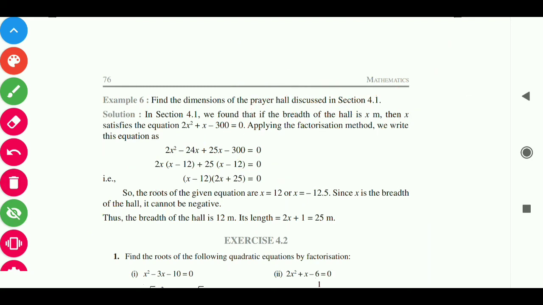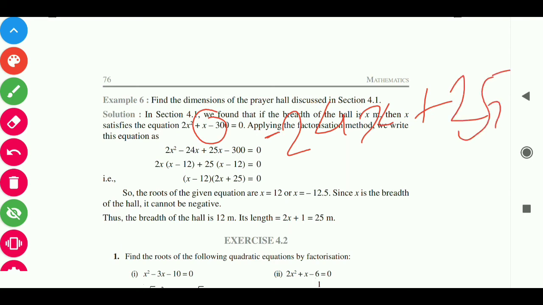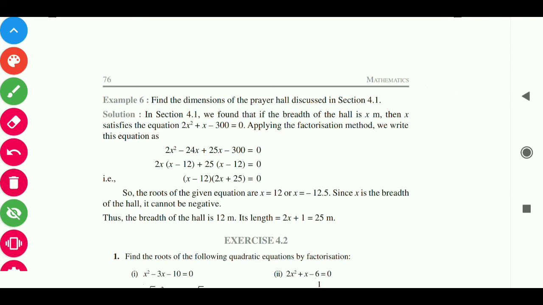So splitting the middle term plus x as minus 24x plus 25x, we have 2x square minus 24x plus 25x minus 300. Taking common 2x from 2x square minus 24x, we get 2x into x remains over here.